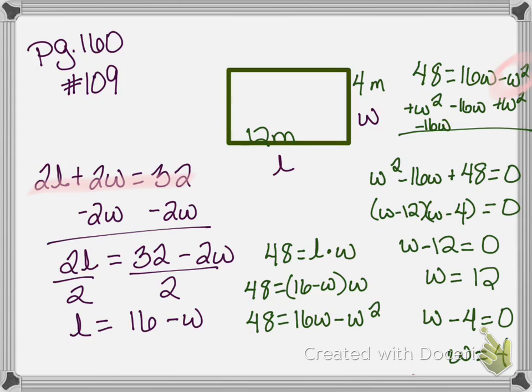But if I took 12 meters and plugged it in for W, then my length would be 4. So the dimensions of this rectangle are 12 meters and 4 meters. You may end up with 4 meters for the length and 12 meters for the width, or you could end up with 12 meters for the width and 4 meters for the length. So it doesn't matter. 12 meters by 4 meters is the answer to this problem.